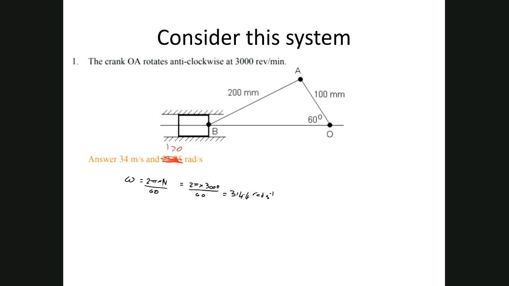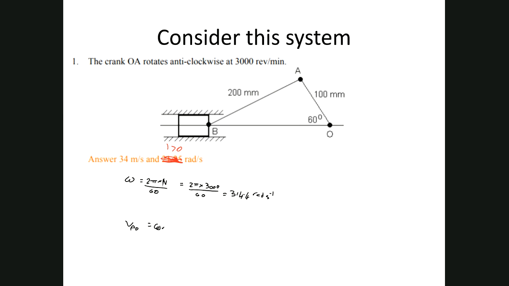Once we know that, we can work out the tangential velocity of A with respect to O very easily, that the VA with respect to O is equal to omega times the radius of the circle. The radius of the circle is the length of our crankshaft.